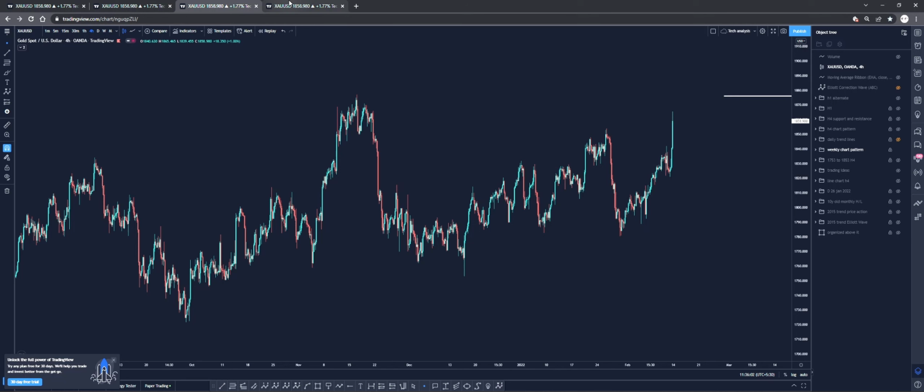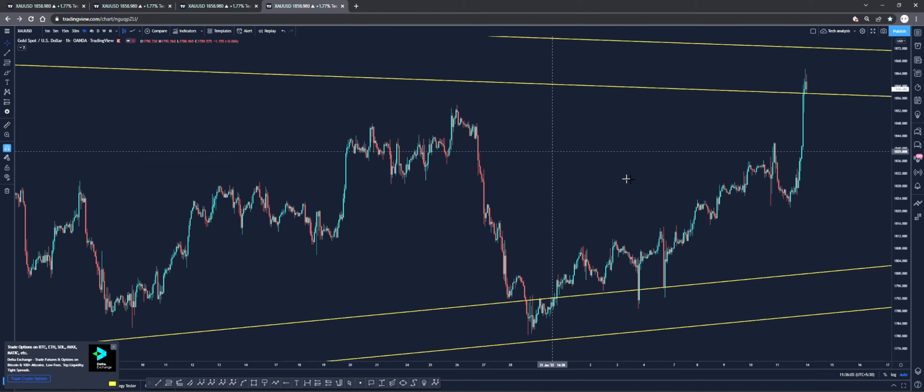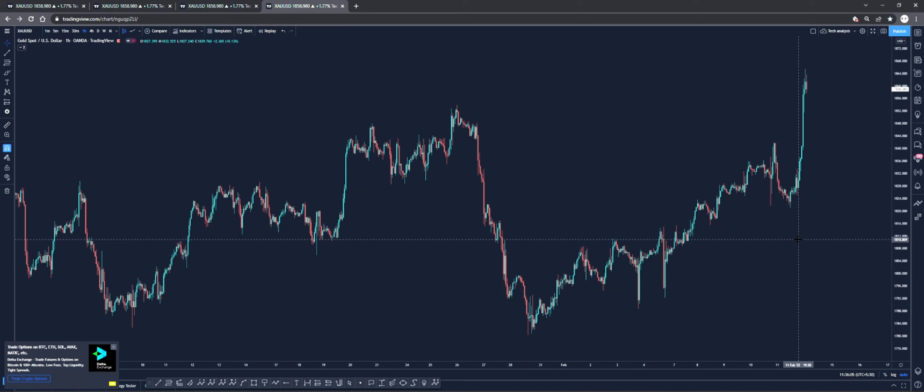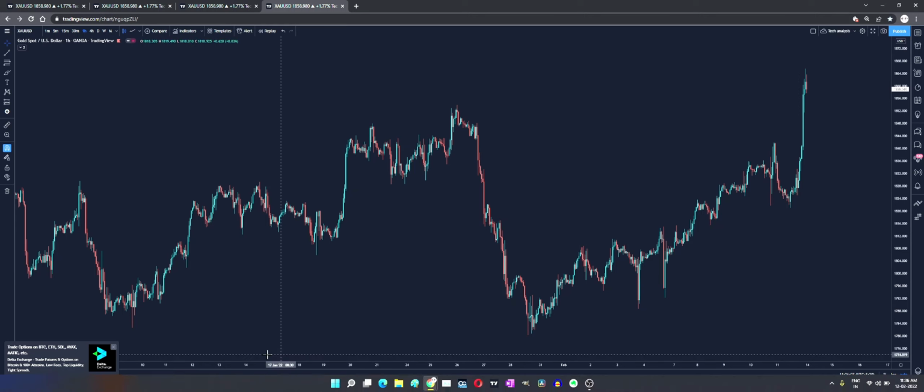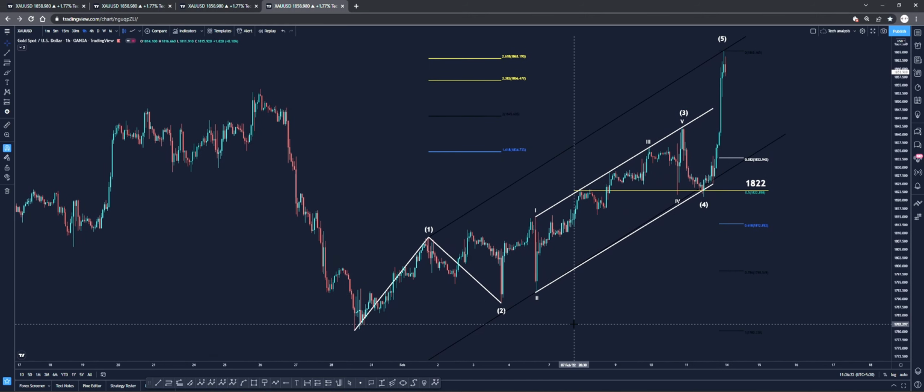If we go to the H1 time frame to get a clearer picture for intraday trading, this is the wave count for this intraday trend that started from 1780 and made a top at 1865. First, it is wave 1, then wave 2, which makes a sideways flat correction.